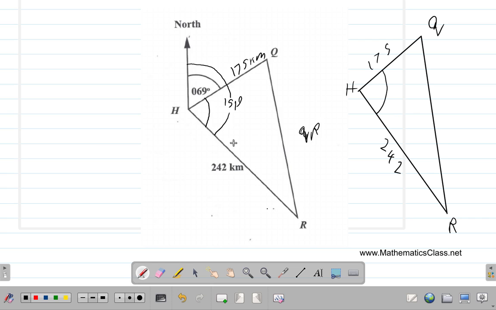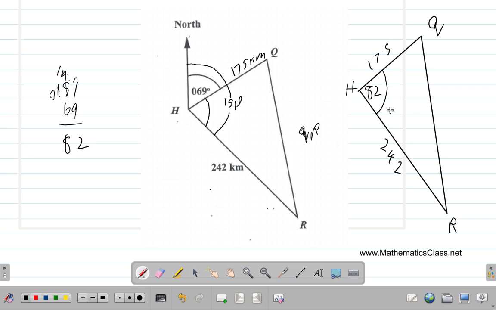What do you think it is? You have 151 minus 69, which is 82. So that angle is 82 degrees.